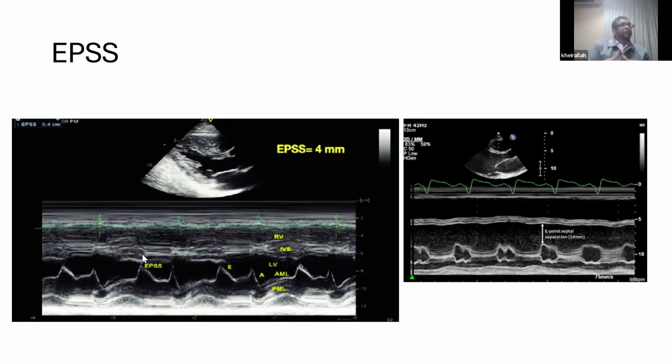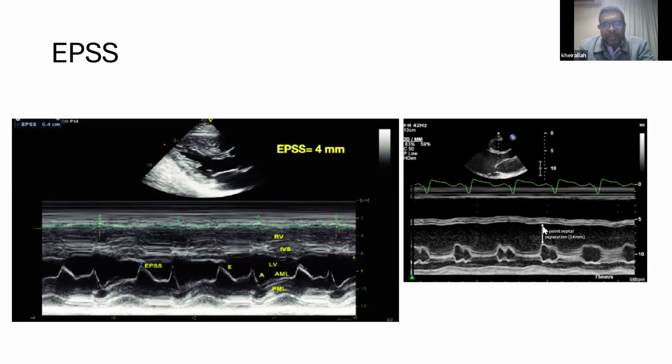As this distance decreases, the ejection fraction is better. So EPSS is inversely proportional to the ejection fraction. You get the point here. If the LV is weak, like in here, look at this one, the point is lengthy.